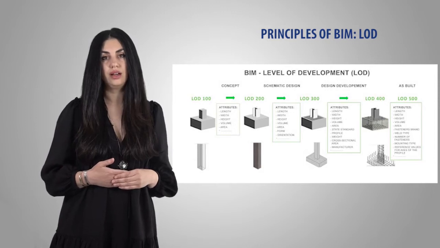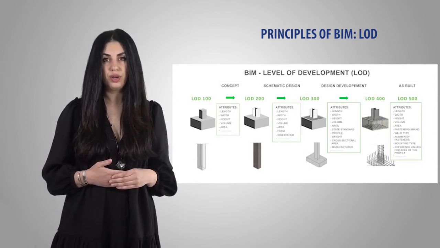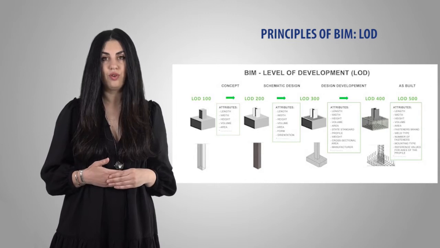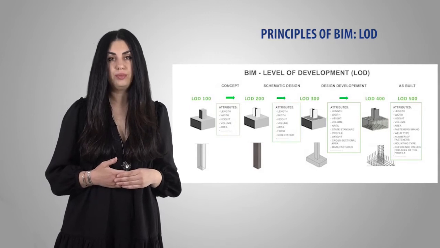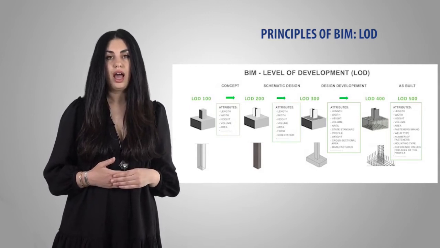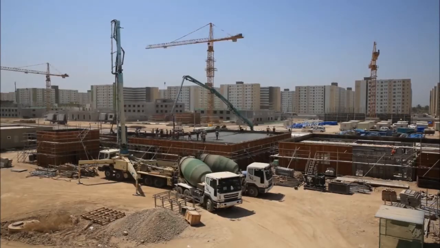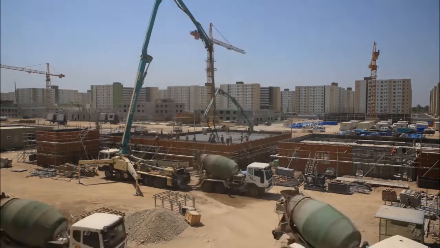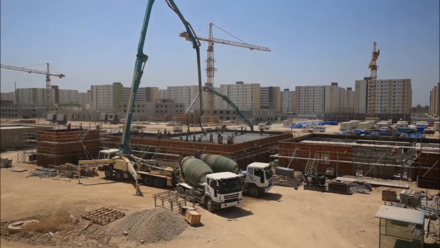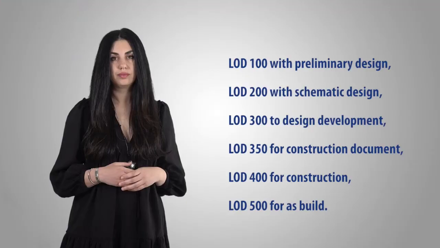This allows designers, engineers, contractors, and stakeholders to focus their work on what's needed. It's important to define those LODs at the very beginning of the project. I will explain each level from 100 to 500. There are 6 levels, and for better understanding, I will relate them to project phases.